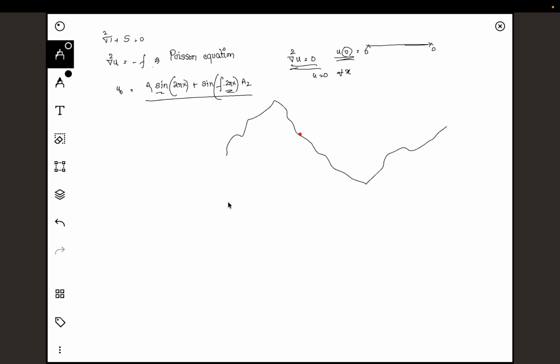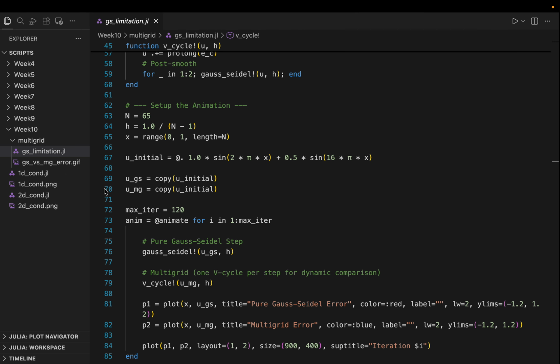These wiggles are the high frequency ones, and there is a low frequency one, where low frequency is essentially from same to same; there is a large gap in the space. For the error information to propagate, it will be much faster when these wiggles are locally there. So all these local disturbances will smooth out faster than the farther ones. And these low frequency ones will take much longer.